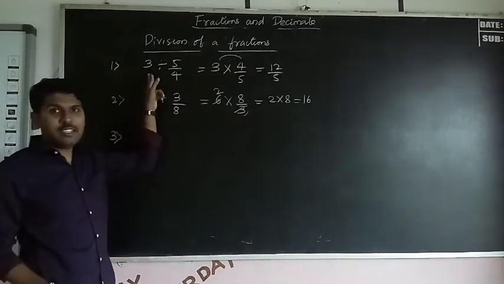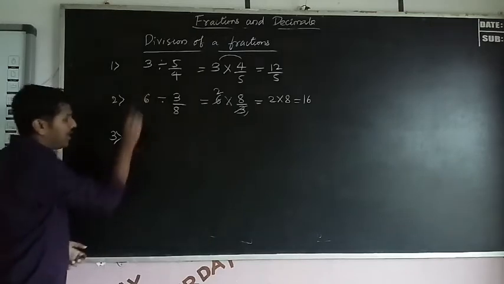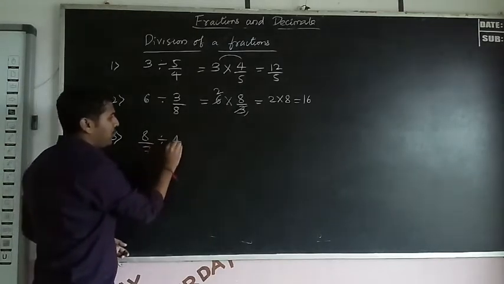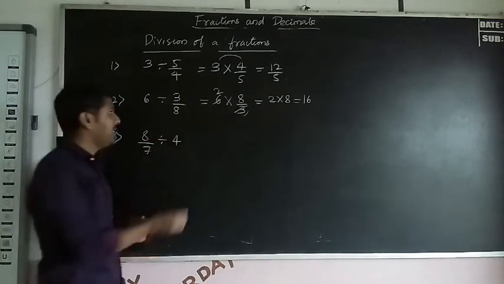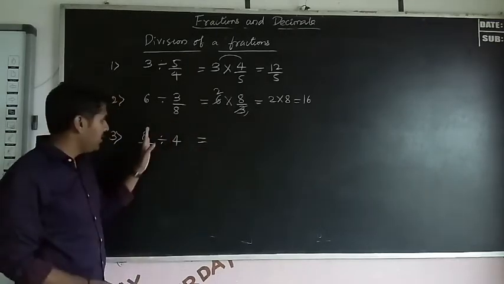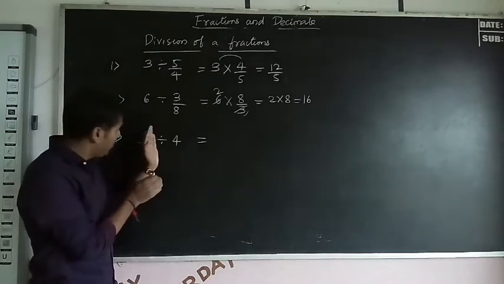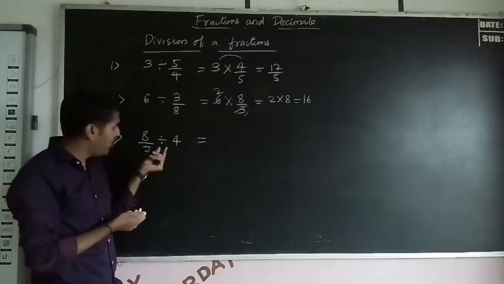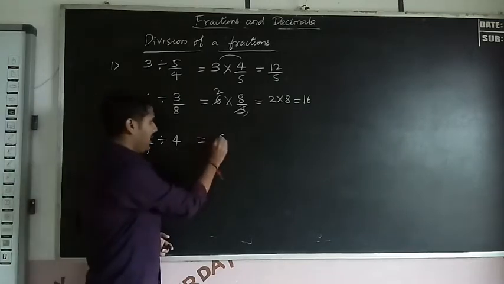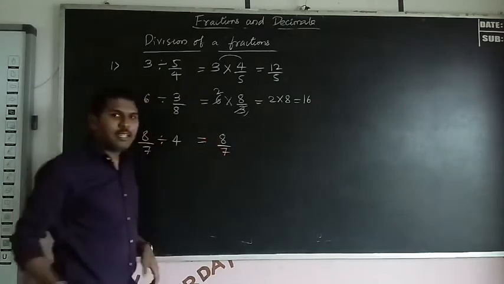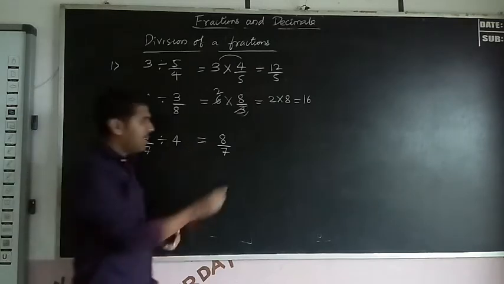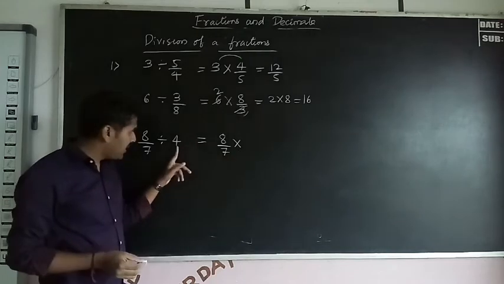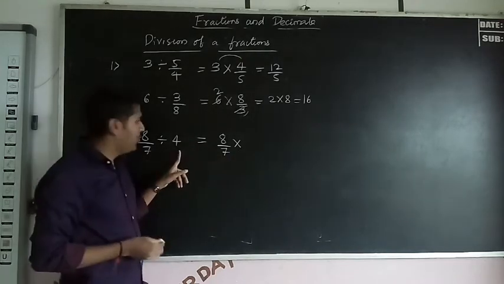Next take another one. I have taken here whole number. Take fraction 8 by 7 divided by 4. So here first term as is. Don't change it. Okay. Just change the second one. That is, you have to take the reciprocal if you want to remove the division sign. So 8 by 7 as is. In place of division sign you are taking multiplication, no. So if you want to take multiplication, take the reciprocal of the second term, 4.